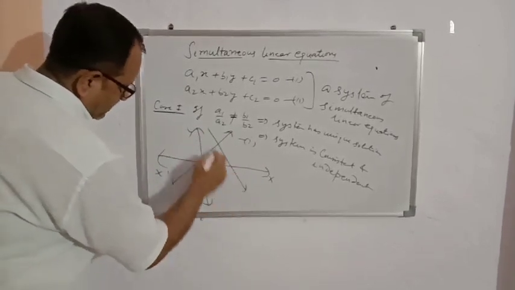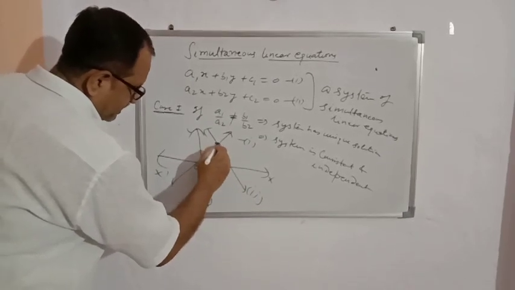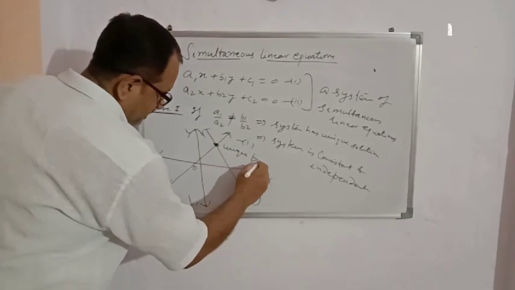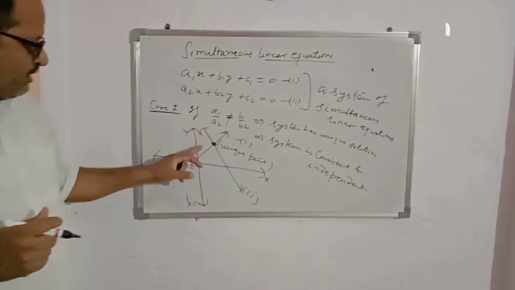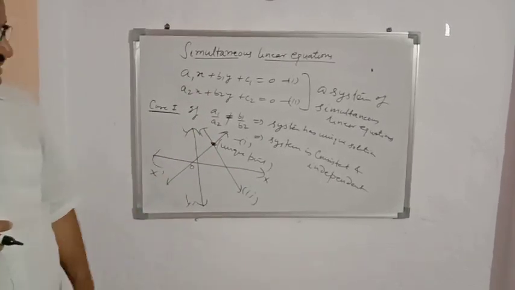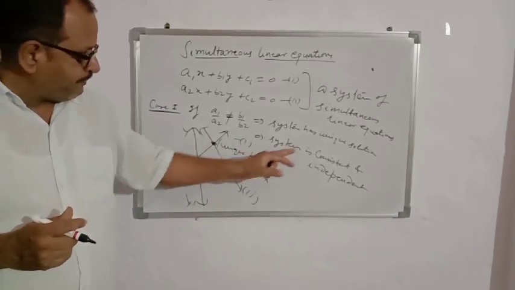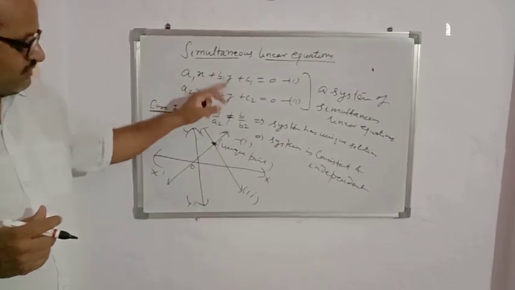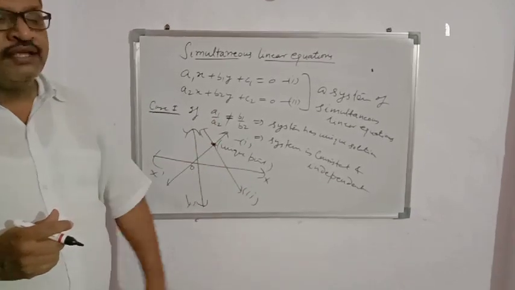This is the graph of the second equation. So both the graphs will meet at one point. This is the unique point. If we plot the graph of both equations on graph paper taking x-axis and y-axis, both lines will meet at one point, a unique point. The coordinates of this point give the solution of these two equations. Means they will intersect at only one point.